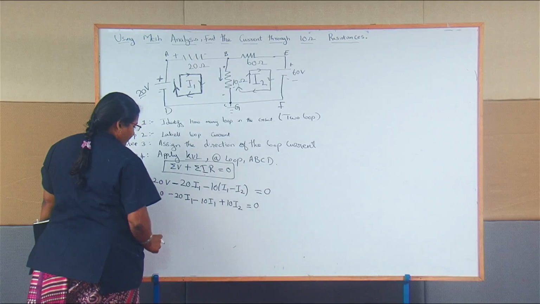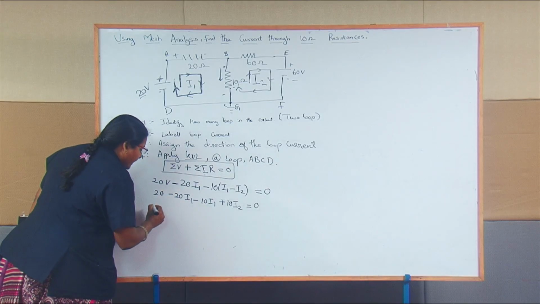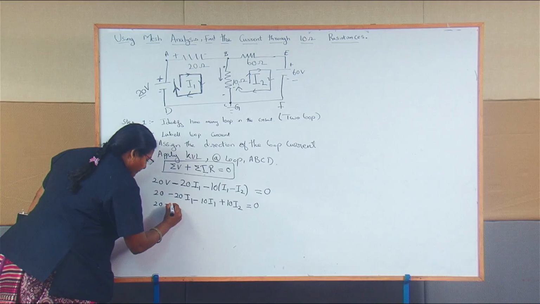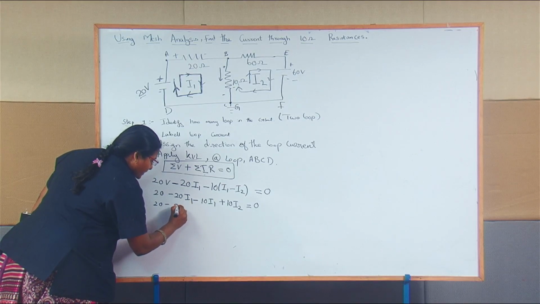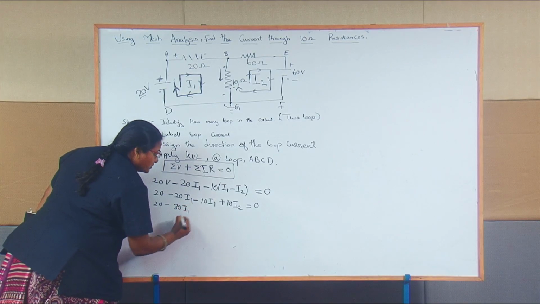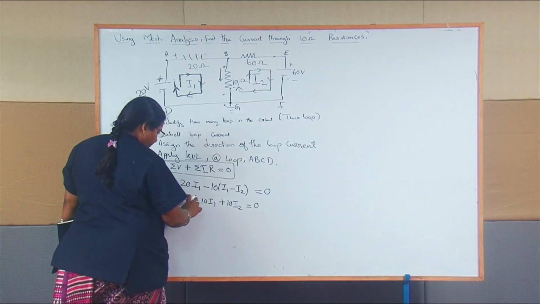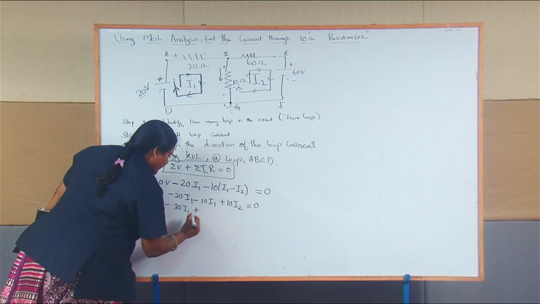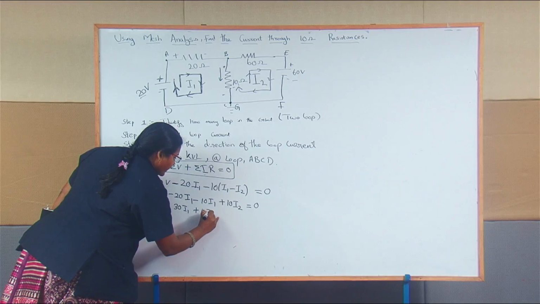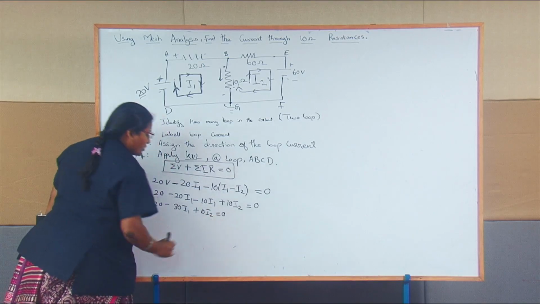The 20 I1 and 10 I1 become 30 I1. So 20 minus 30 I1 plus 10 I2 equal to 0.